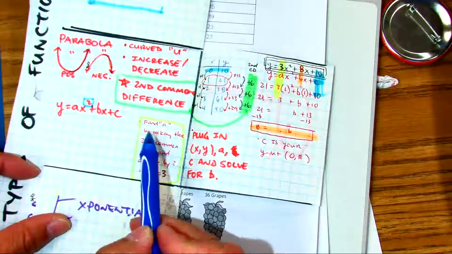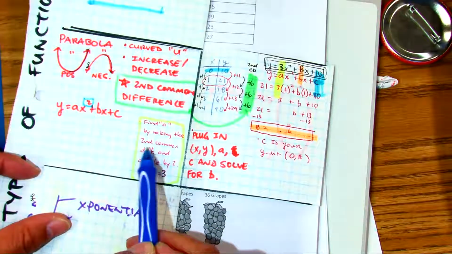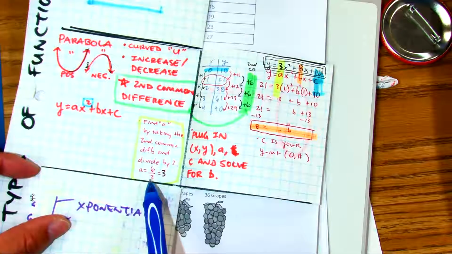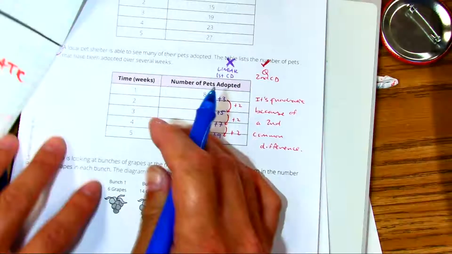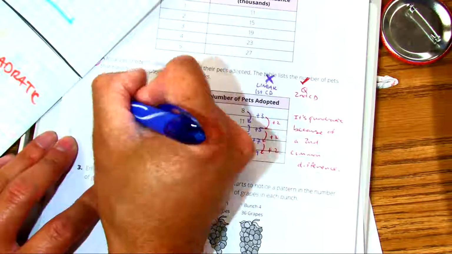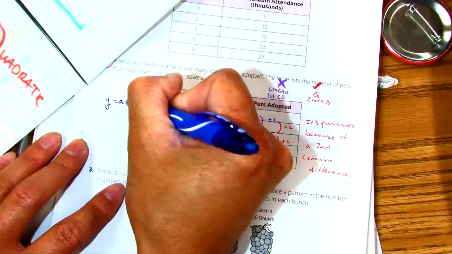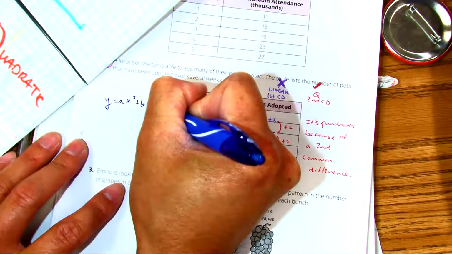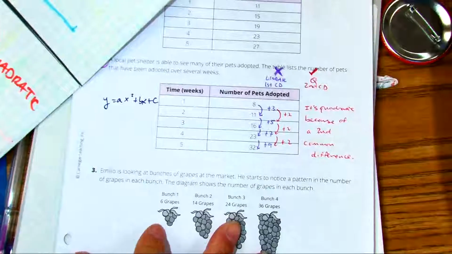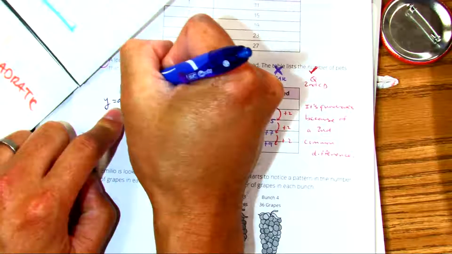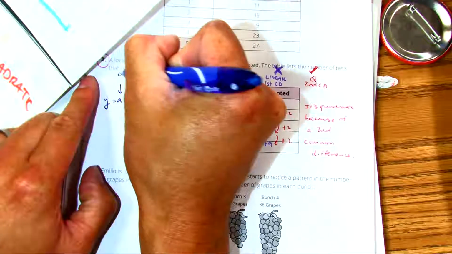To find the a value, take the second common difference and divide it by 2. In standard form, to find this a value, I'm going to take the common difference and divide it by 2.